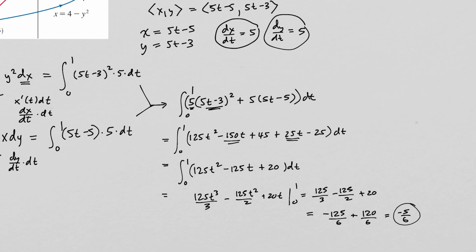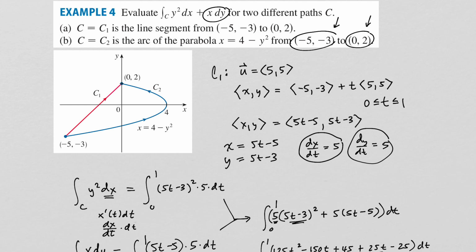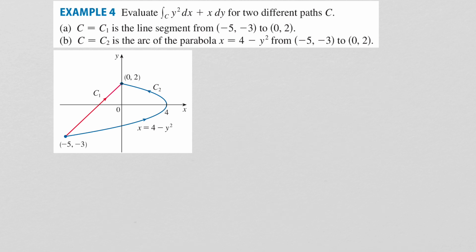Okay, so now we got to do the second part, which is the same integral, but along C2, which is this other curve. So let's go ahead and get rid of all this work here. And now we have to come up with a parameterization of this curve. Again, that's not terribly difficult to do.